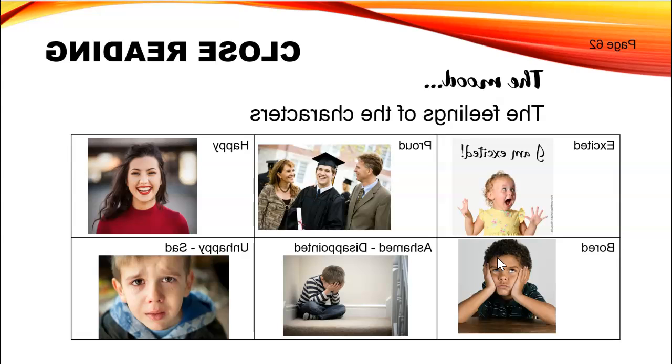Now, you have to use those words to complete the column in the middle, the mood, the feelings, okay? So you have to choose one feeling for each house, not your feelings, the feelings of the character.